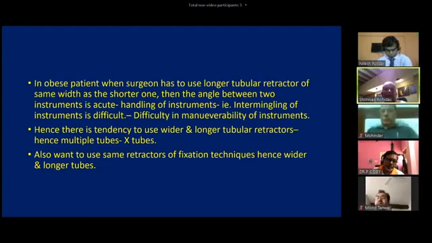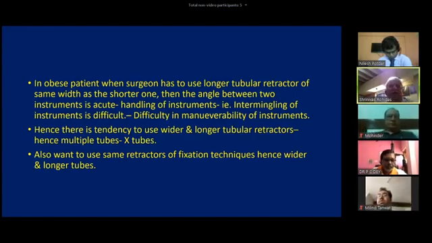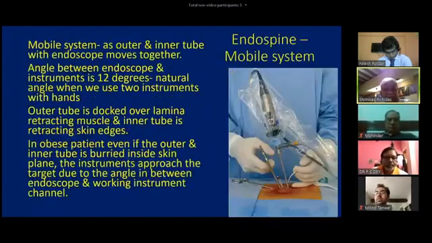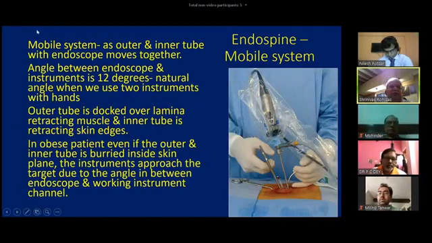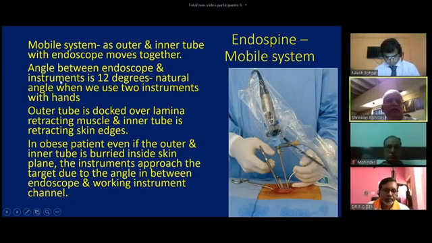Also, in the fixed tubular retractor, there was a tendency to use the same system for the fixation for the instrumentation. This is what happens in the mobile system Destandau technique. As the outer and inner tube with the endoscope moves together, the angle between the endoscope and the instrument is 12 degrees, which remains constant. The outer tube is docked over the lamina, which is retracting the muscle, and the inner tube is retracting the skin edges.